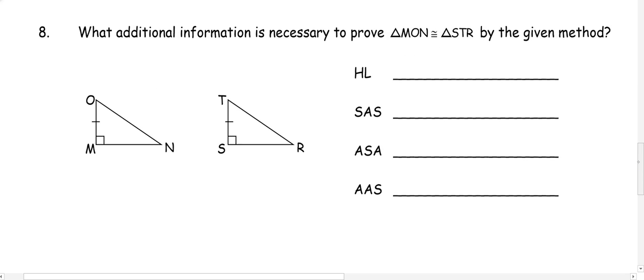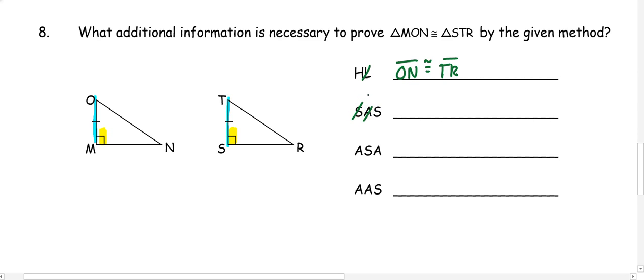Number 8, what information would be needed? So if we're using HL, we already have our right angles in HL, and we have one of the sides that's touching that right angle, which would mean we already have our leg. So we need to know the hypotenuse is congruent, so we need to know that ON is congruent to TR. If we are using side angle side, we already have a side and that's touching the angle.